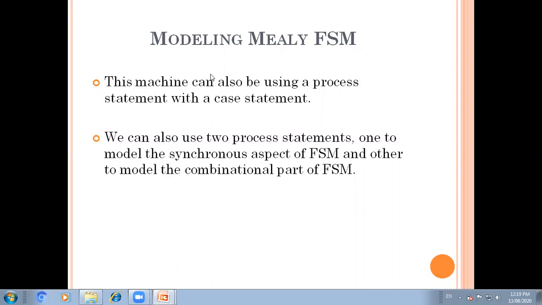Here we have also written about modeling the Mealy FSM. This machine can be implemented using a process statement with a case statement.